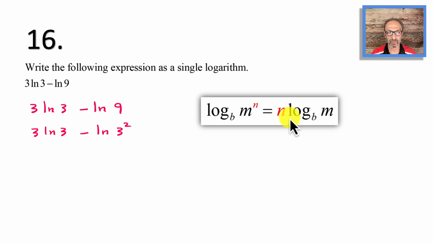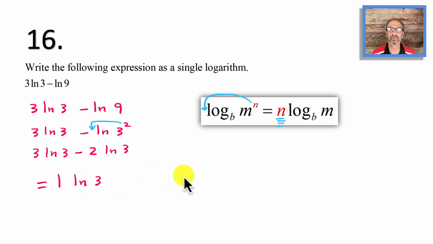Then applying this rule, going from left to right, I could take the n all the way up front, as you could see right here. So this 2 acts like my n, so I'm going to take it to the front, just like this. So this becomes 3 ln 3 minus 2 ln 3, which is just 1 ln 3. In short, it's just ln 3. And that should do it.